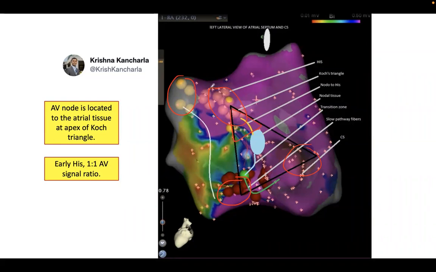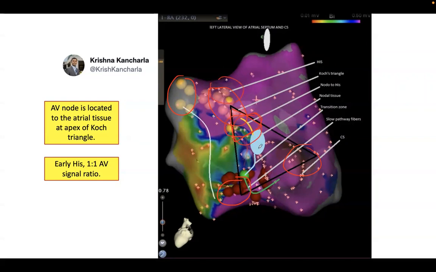So you see the His here. This is the bundle of His. Your AV node is a little bit inferior to that His cloud. Say you want to ablate this patient's AV node, you should place your ablation catheter somewhere here, not here.